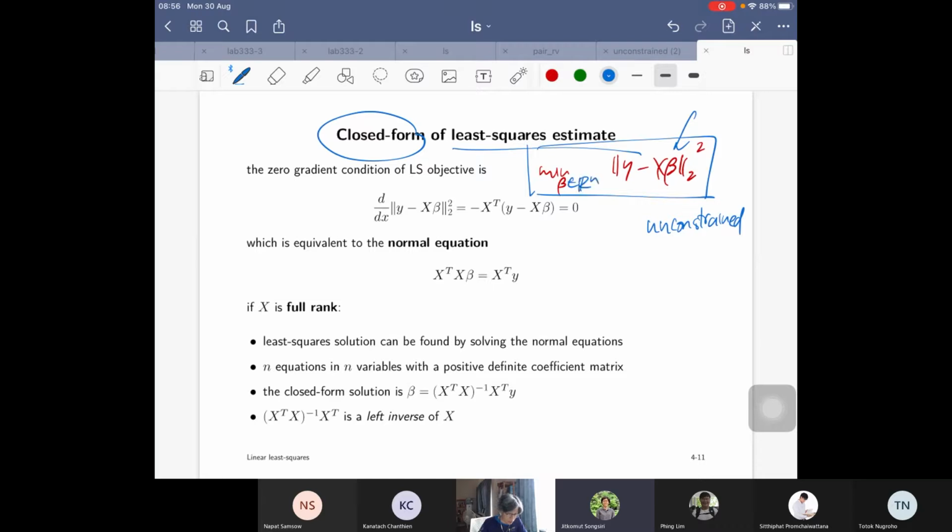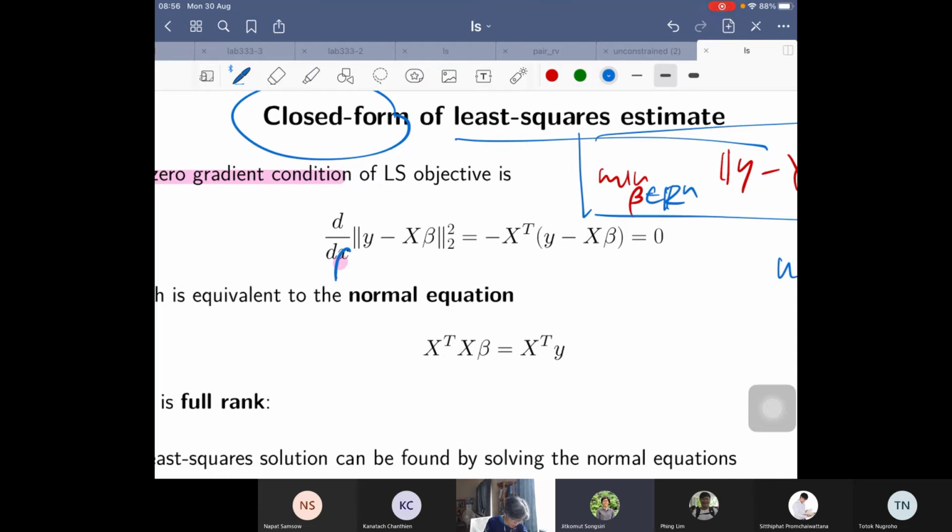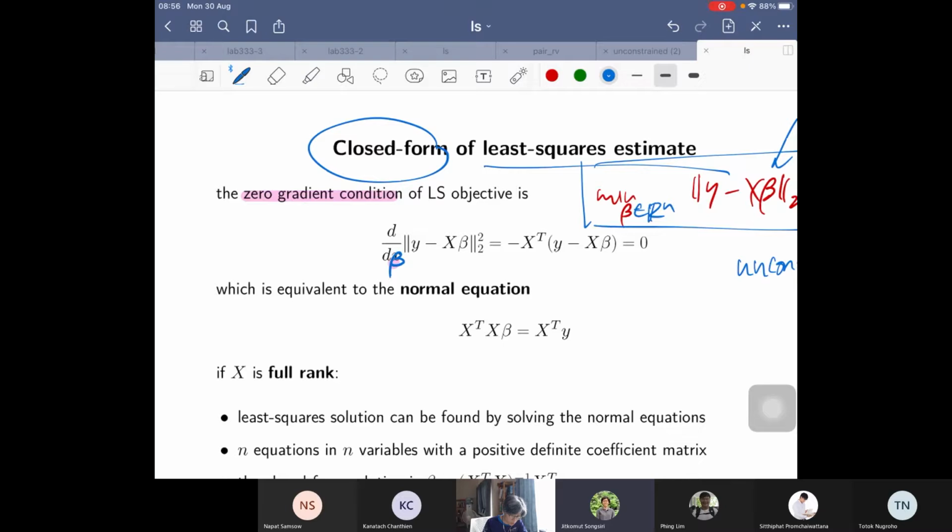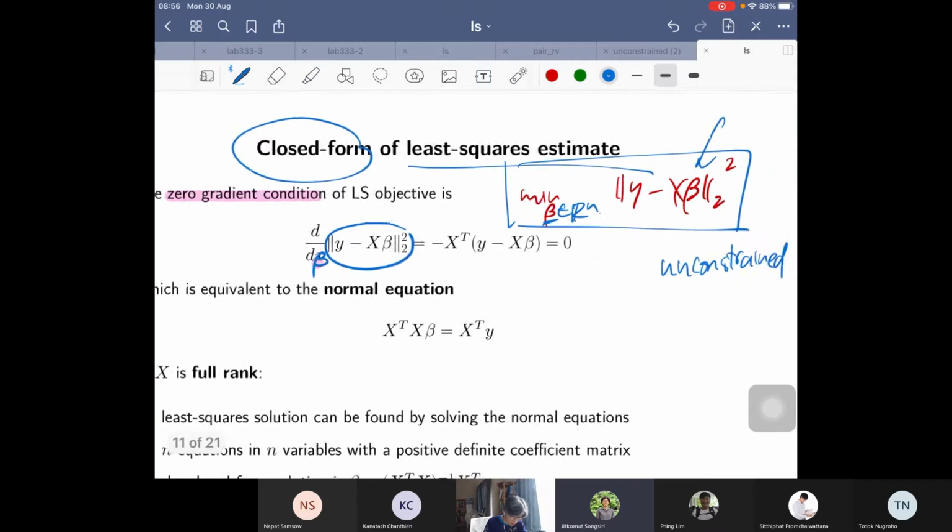Everyone knows from calculus, from the basic optimization, that the optimality condition for an unconstrained problem is the zero gradient condition of the objective. So we take the derivative. Oh, sorry, typo. You take the derivative of the cost objective with respect to the optimization variable, which is beta here. And then, of course, I hope everyone reviews the calculus.